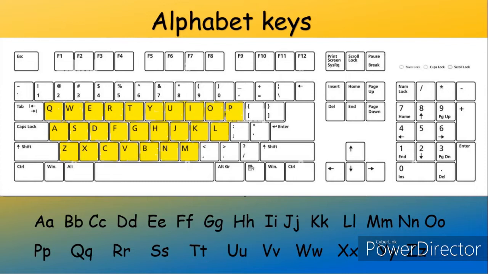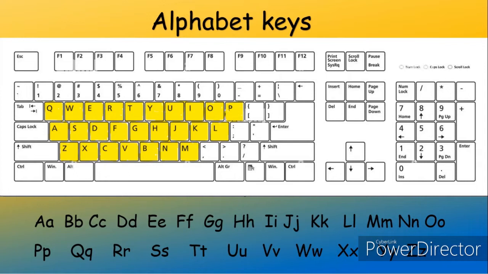For example, if the pupil does not know how to write capital B, he won't know where the letter B is on the keyboard.